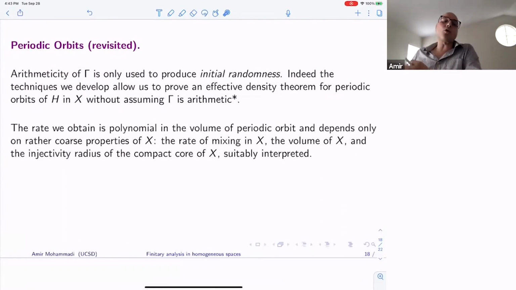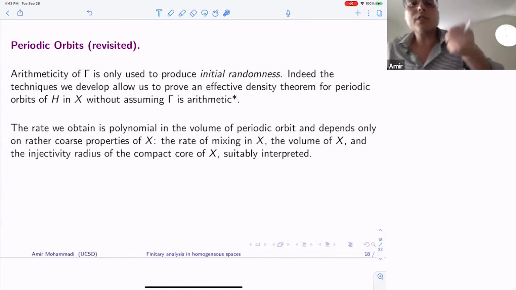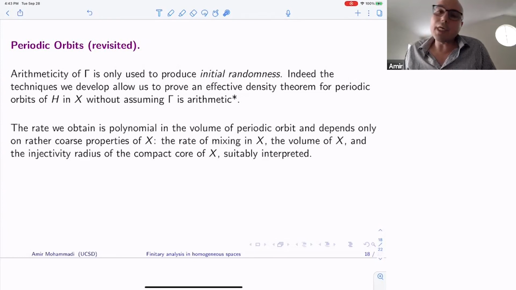Okay, so now maybe I want to mention some application. I said periodic orbits were studied by Einsiedler, Margulis, Venkatesh, and a follow-up work. In there, of course, the assumption was that gamma is a congruence lattice. The work we have here will also tell you something about periodic orbits in this particular case. For periodic orbits, you don't need to assume gamma is arithmetic.